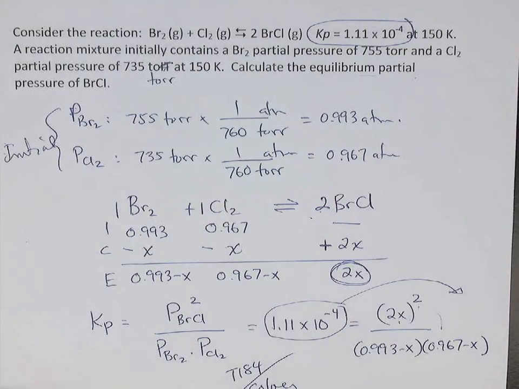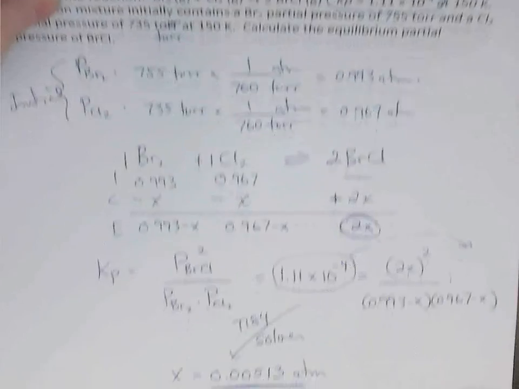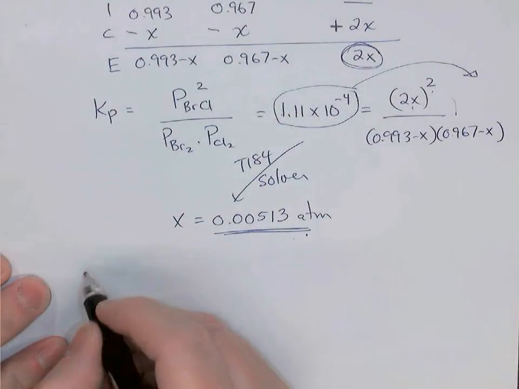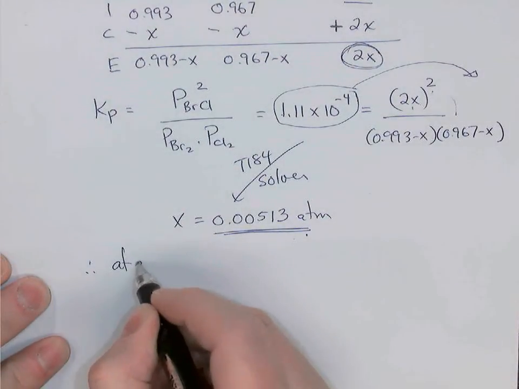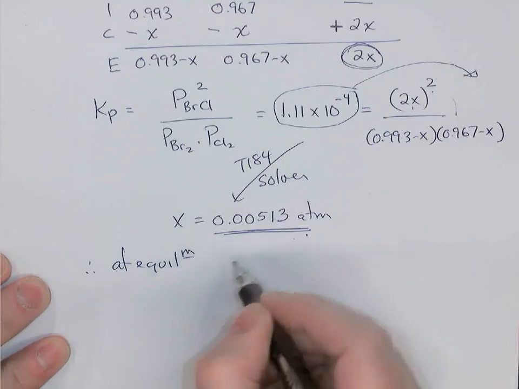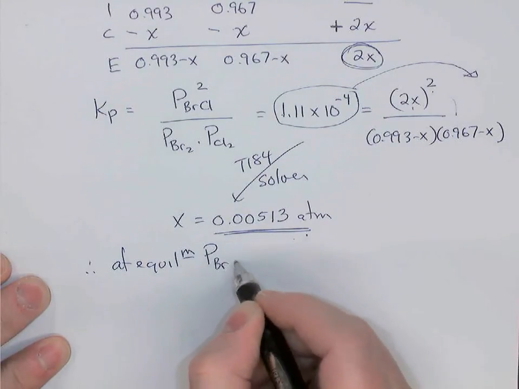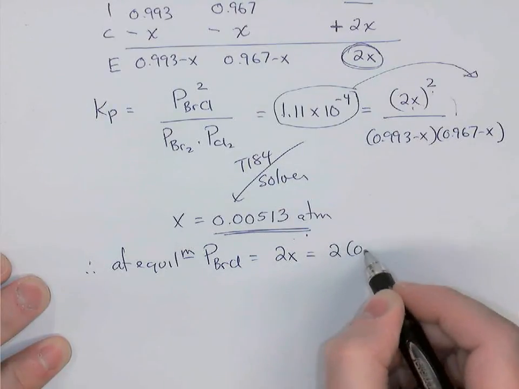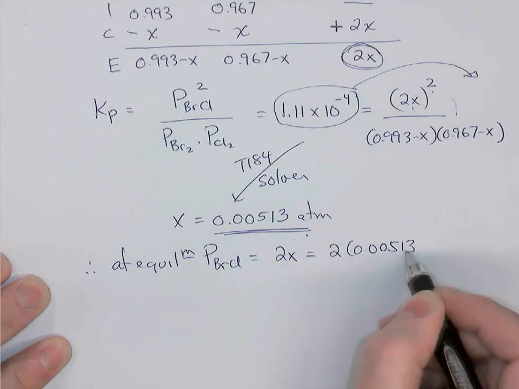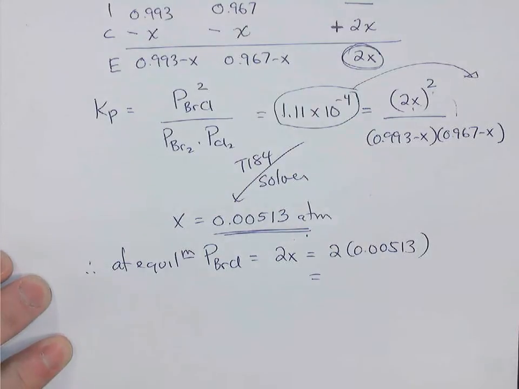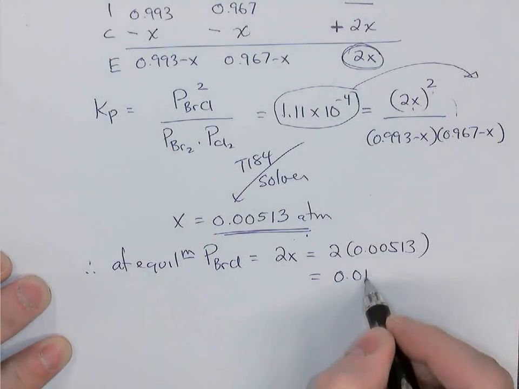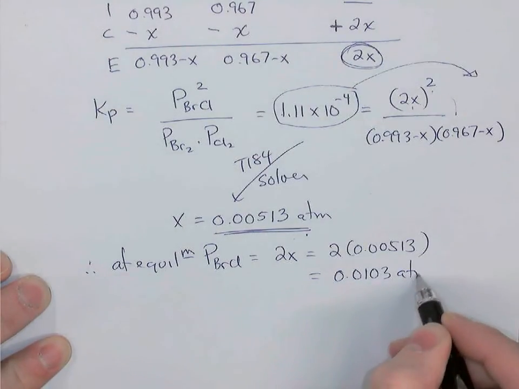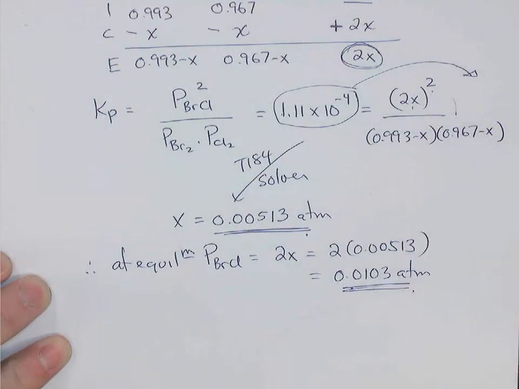So at equilibrium, the pressure of BrCl is 2x, which is 2 times 0.00513. So multiply that by 2, and we get 0.0103 atmospheres. Okay, the pressure of BrCl at equilibrium.